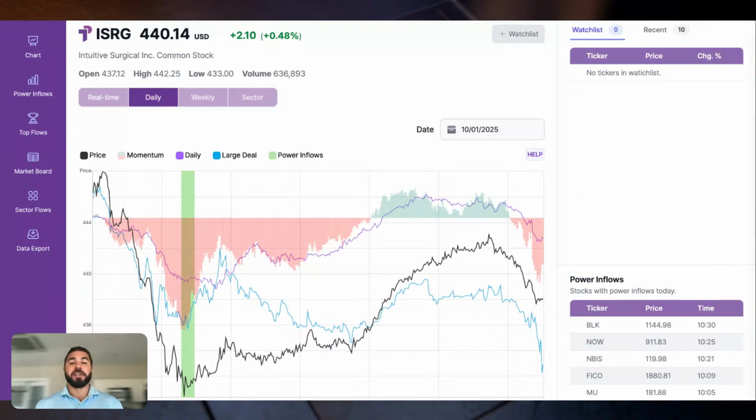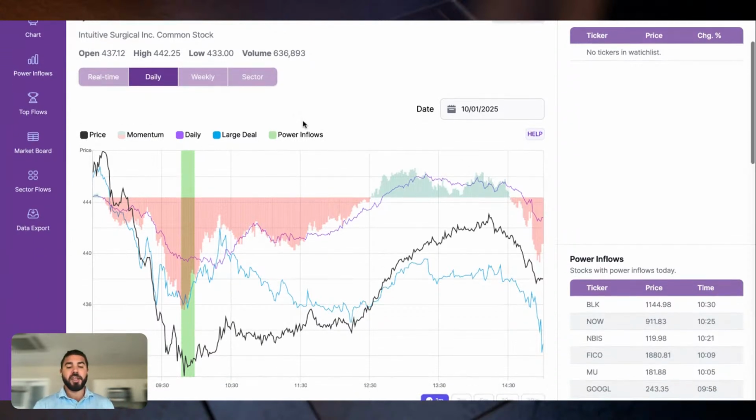Our signal is meant to project a bullish trend throughout the rest of the day. When that power inflow signal comes in, what we're essentially saying is there is a very high likelihood the stock will rise from the moment that signal comes in throughout the rest of the day. It's a bullish trend indicator, essentially. That's what we're providing to you in addition to the data points we just touched on.